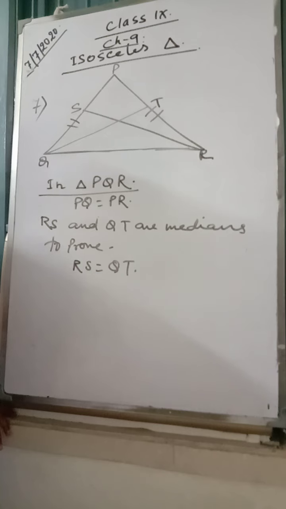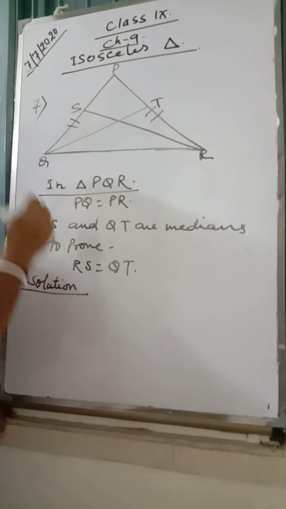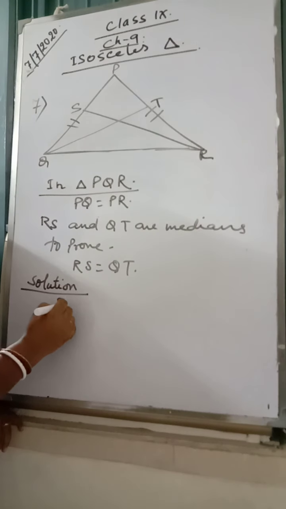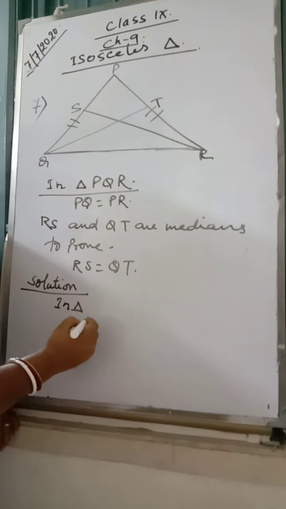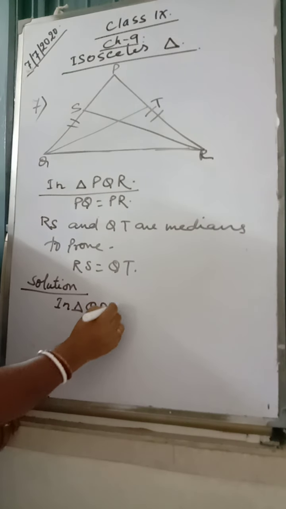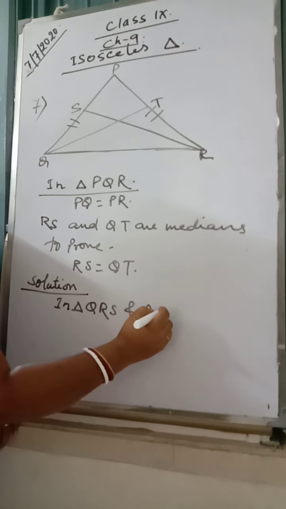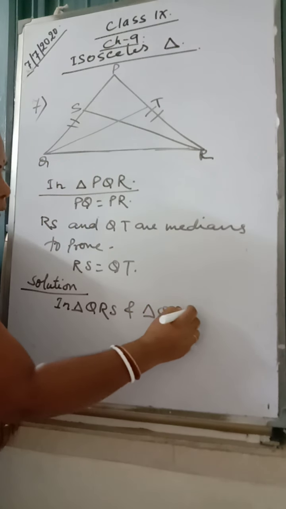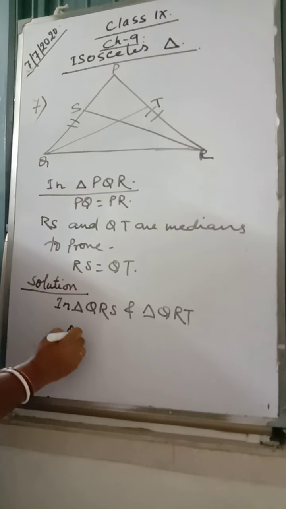So the solution says, in triangle SQR or QRS and triangle QRT, QR is a common side.